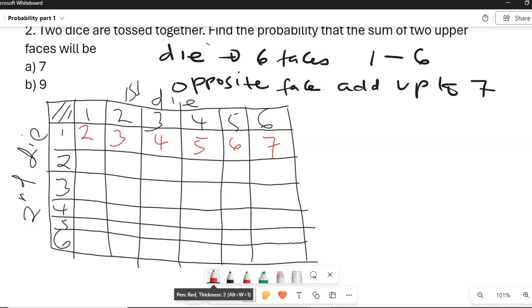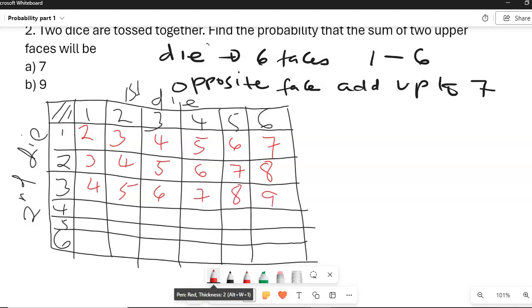So you're just adding: 2 plus 1, 3, then 2 plus 2, 4, then 2 plus 3, 5, 2 plus 4, 6, 2 plus 5, 7, then 2 plus 6, 8. Then the third one, we are going to have 3 plus 1, 4, 5, 6, 7, 8, 9.